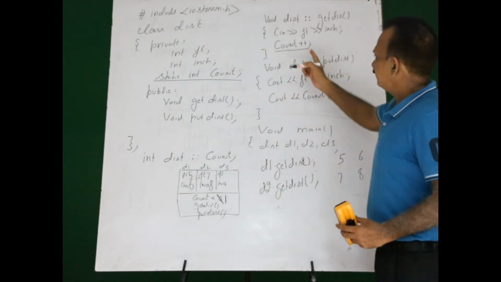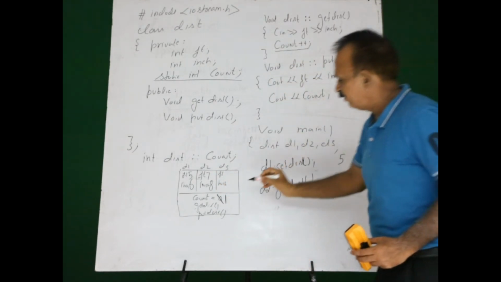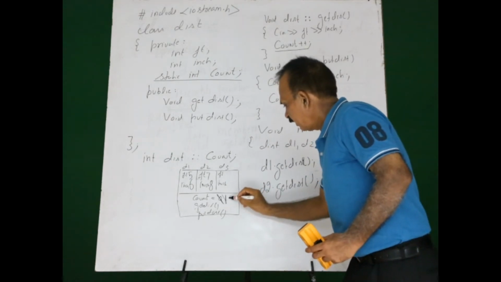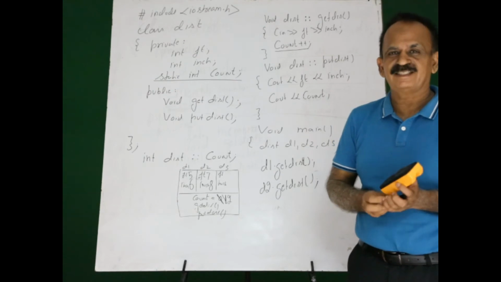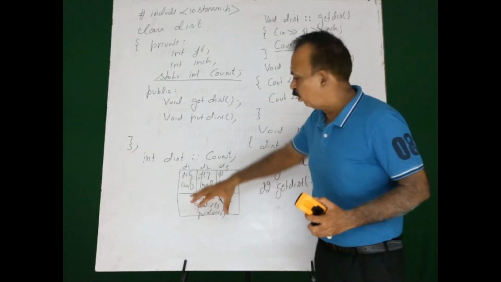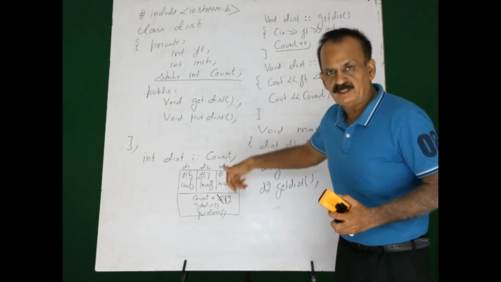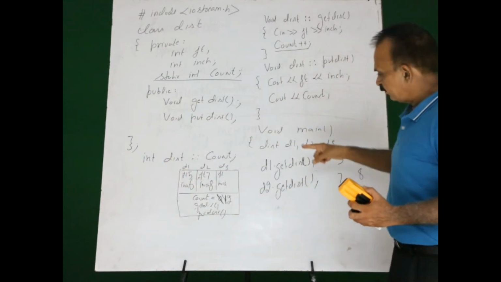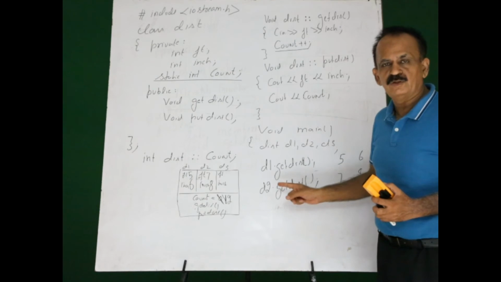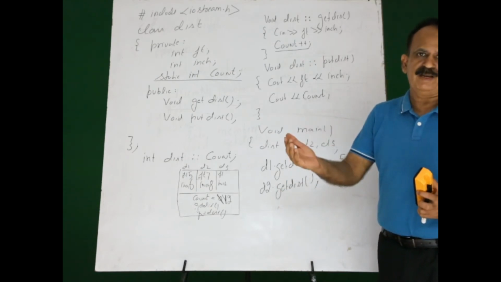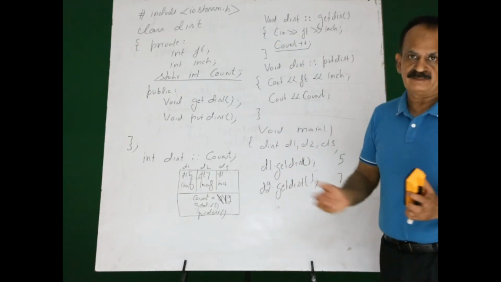But as this count will be incremented, it will now be incremented to 2. This is very interesting. The process is simple. This variable is common to all the objects. Despite the fact that this is called by d1 and this is called by d2, count will be incremented by 1 because it is a class variable.